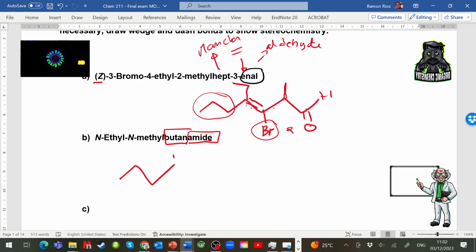And then I put the amide here. Then they say that they have two substituents, N-ethyl and N-methyl. That means that the ethyl and methyl are bonded directly to the nitrogen of the amide. I put them, and this will be the final compound.